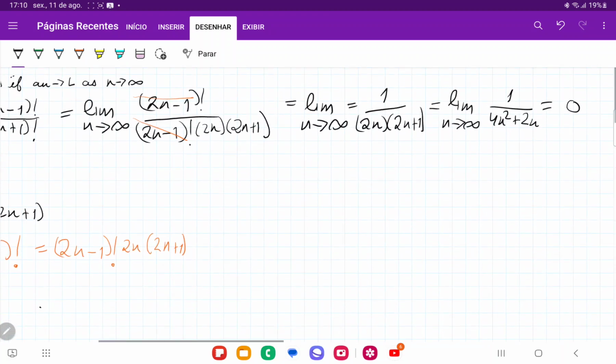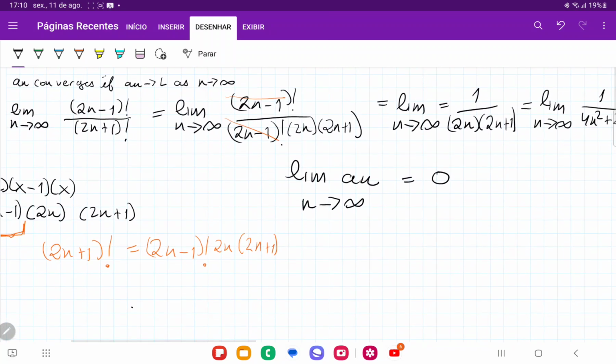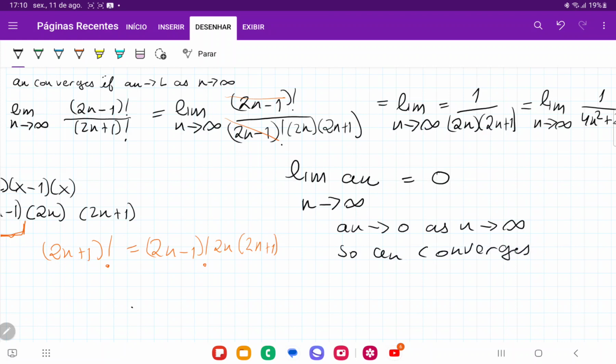So as we can see here, the limit of a_n, our sequence, as n tends to infinity, is going to be equal to 0, right? And so because there is a limit, it does approach a specific number, then we can say a_n approaches 0 as n approaches infinity, so a_n converges.